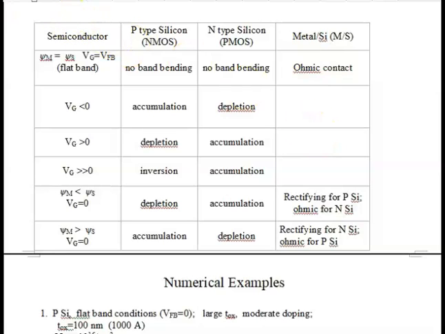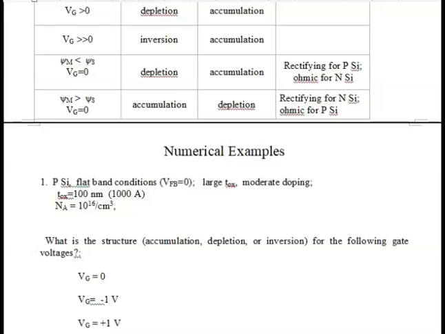Now we're going to look at some numerical examples, and we're going to start with the flat band voltage equal to 0. The work function difference is 0, and we're going to start with a large oxide thickness and moderate doping.